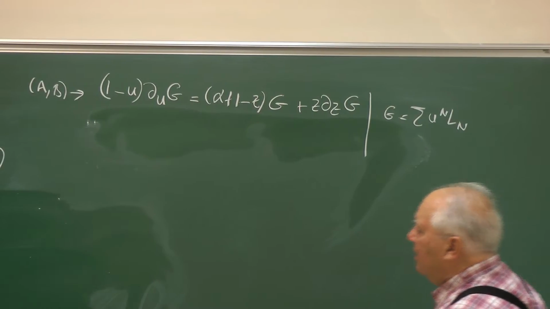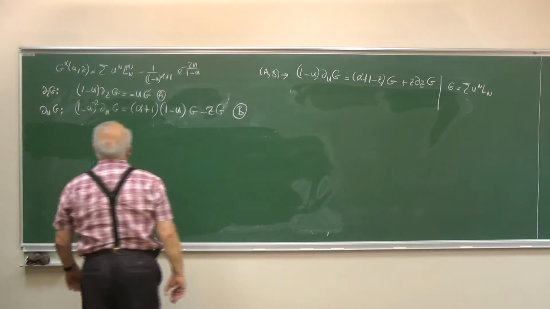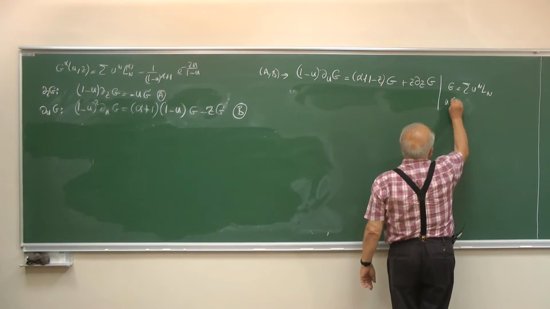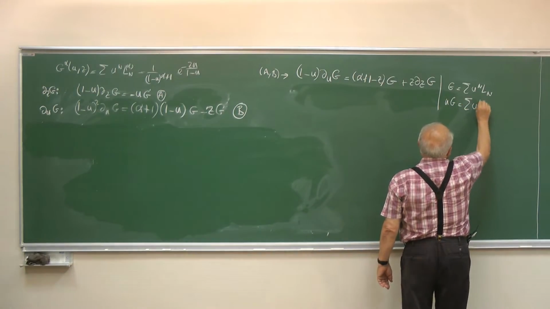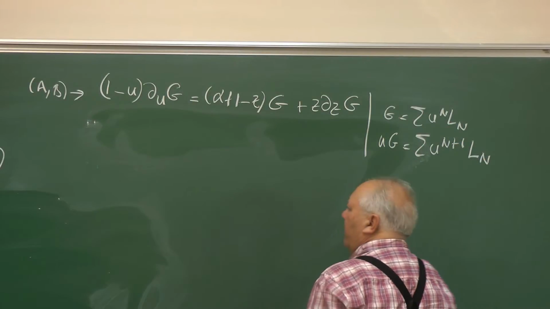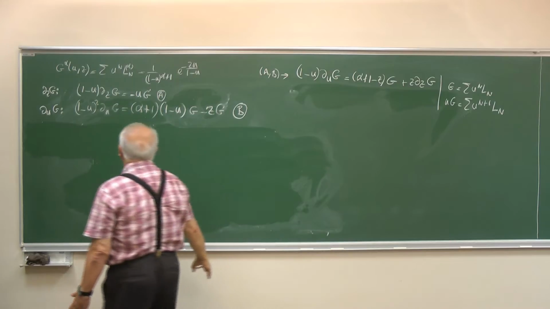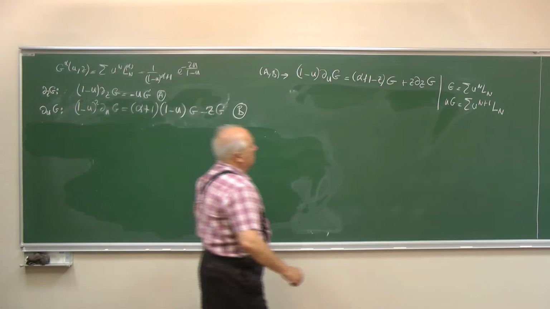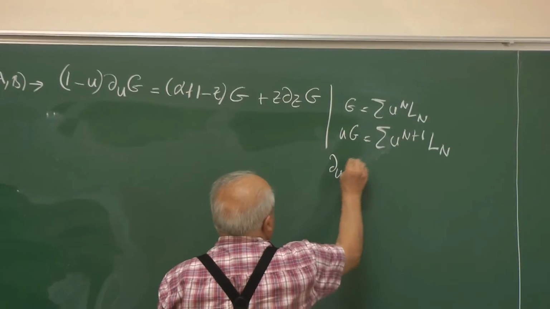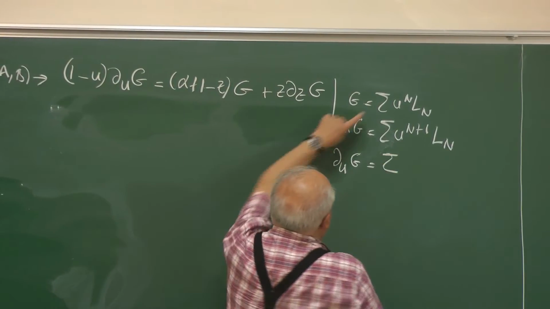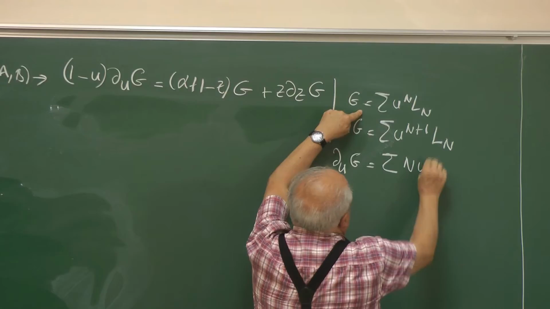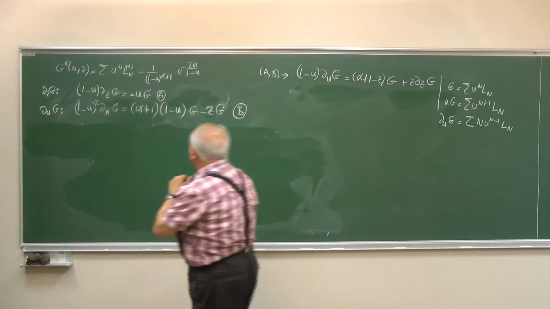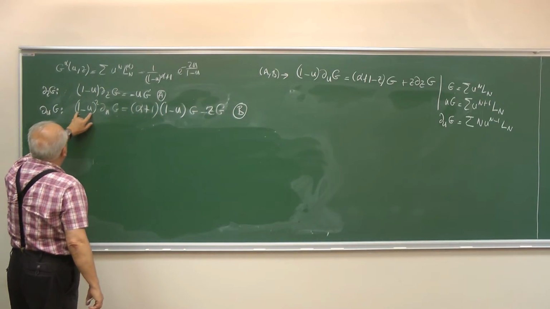All right. Then let us see what multiplies G. I have a u. So uG is equal to the sum of u^(n+1) L_n. Any other power? No. Then we have the derivatives of G. So delta u G, the derivative with respect to u, that's equal to, taking the derivative, n u^(n-1) L_n. Then this derivative is multiplied by 1 minus u square.